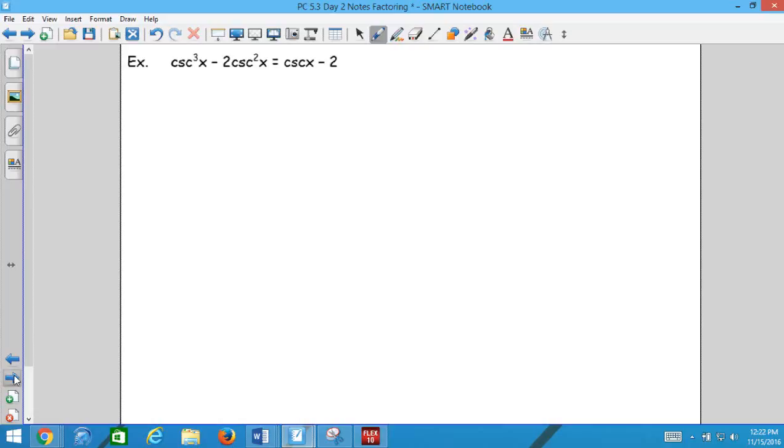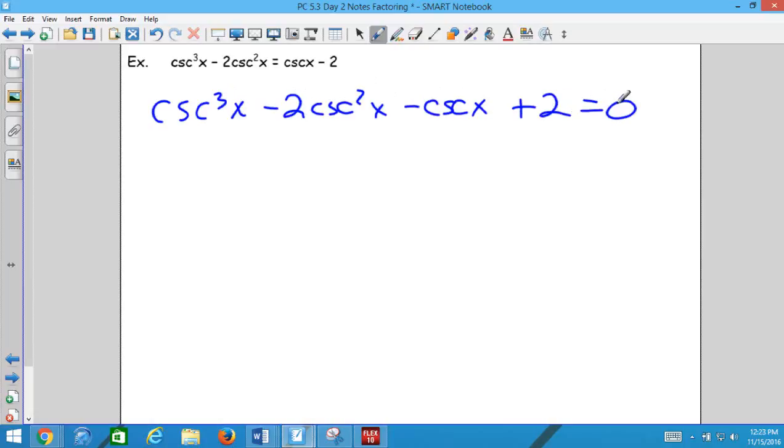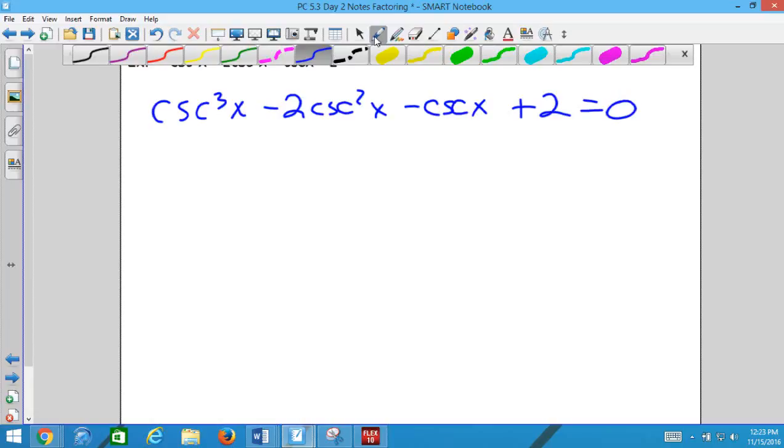All right, how do we do this one? Well, we gotta make it equal 0. So move the stuff over. And then there's 4 terms. When I group these, I always make sure there's a plus sign in the middle, because if you put a minus sign in the middle, it messes with your original question.